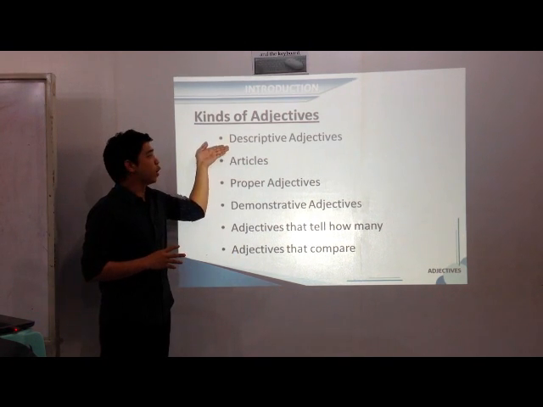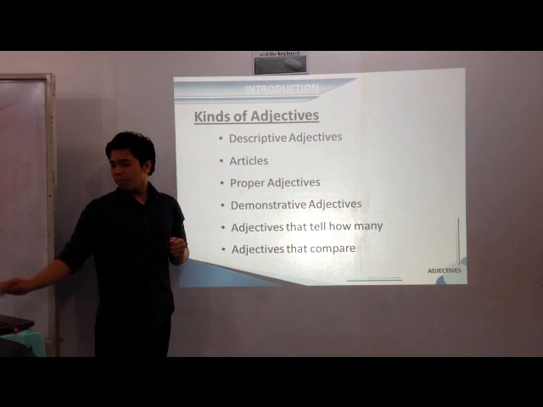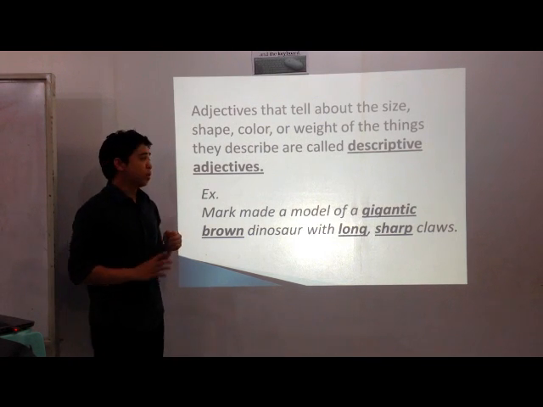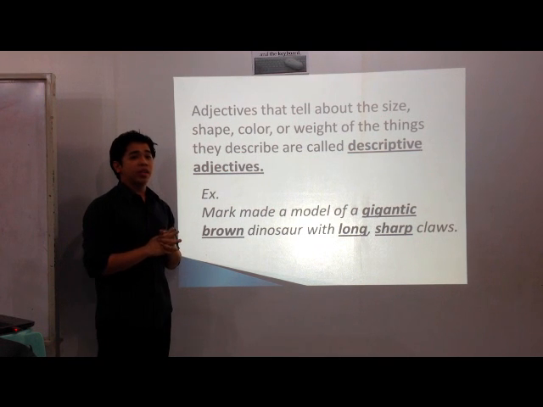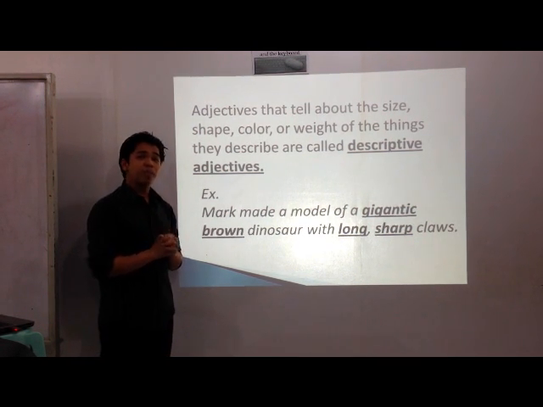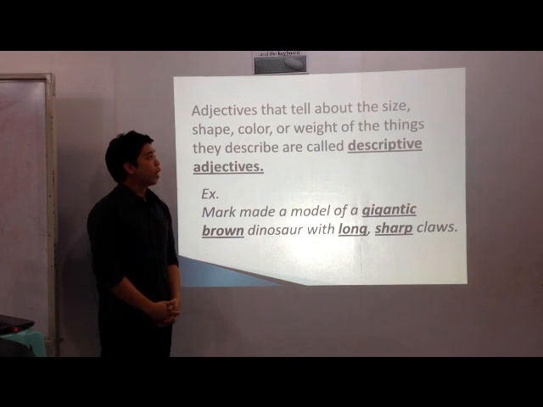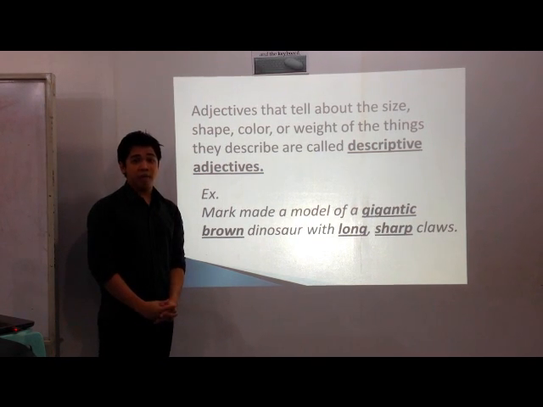Let us first start off with descriptive adjectives. What are descriptive adjectives? Descriptive adjectives are the adjectives that tell us about the size, shape, color, and weight of the things they describe.